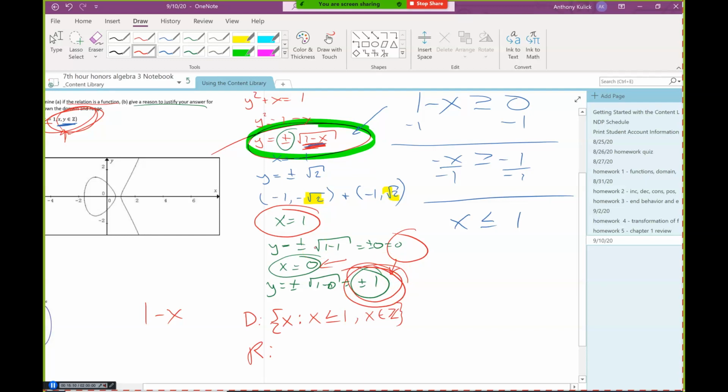Will I be able to find an x value that gives me a y of +2 and -2? Yeah, right? What would it be in this case? If x equals -3, y would end up being ±2.